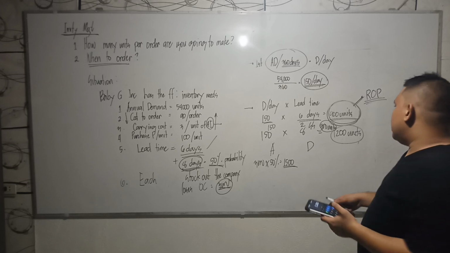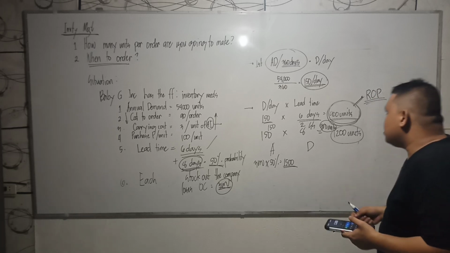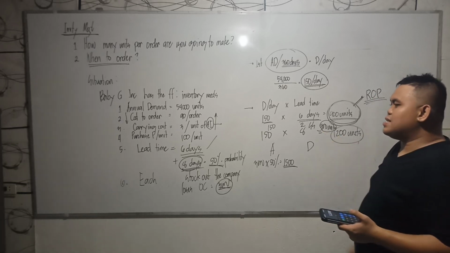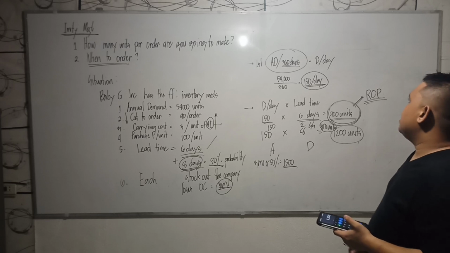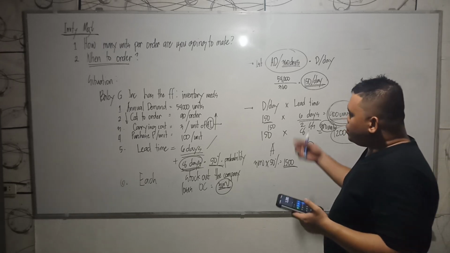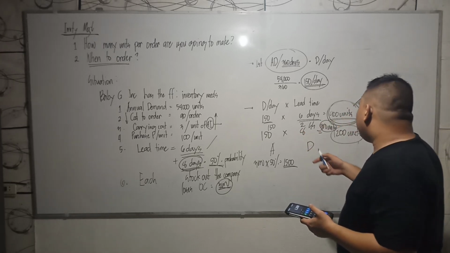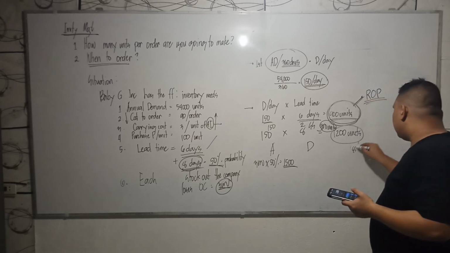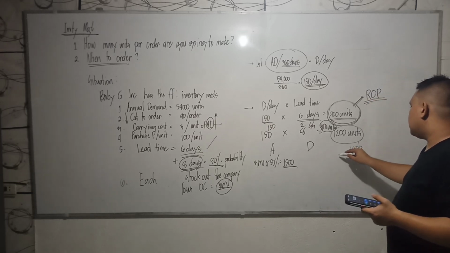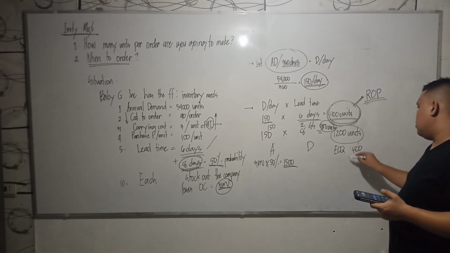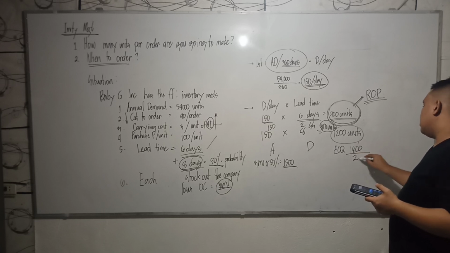Okay? So the disadvantage of this one is that you will carry the safety stock. So that means, in our particular example a while ago, we have 1/8 as the economic order quantity. We have computed it. So in order to get the average inventory, we have to divide it by 2.